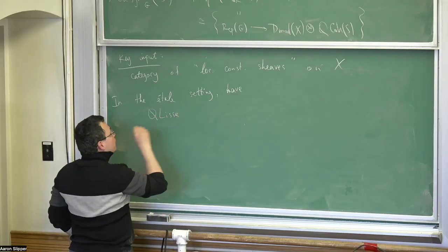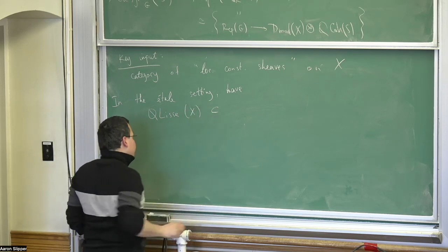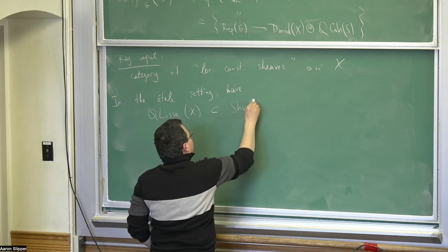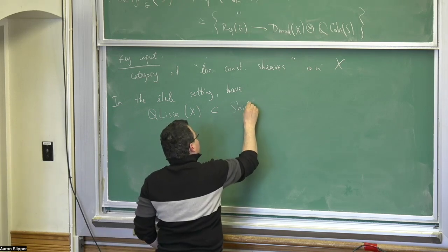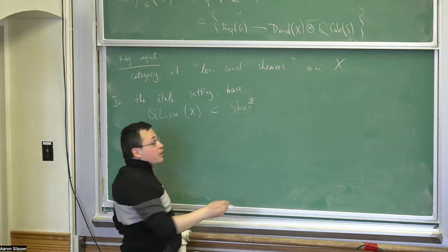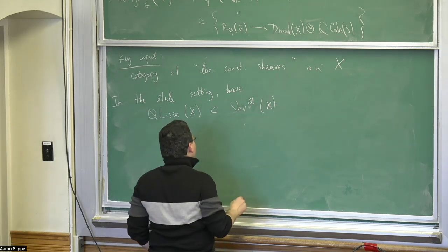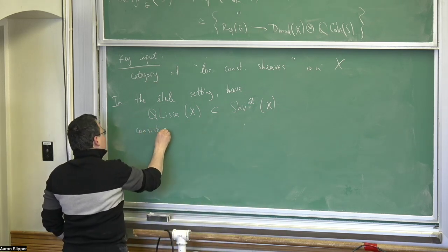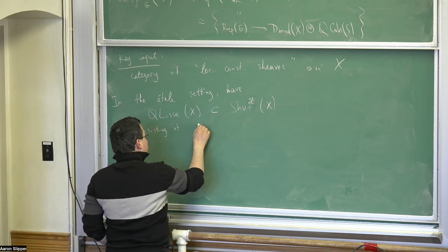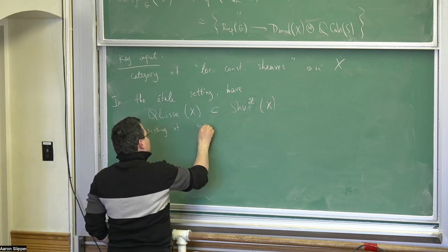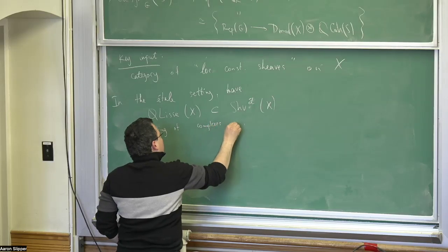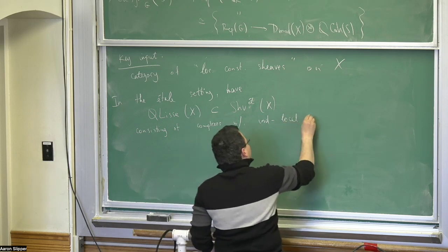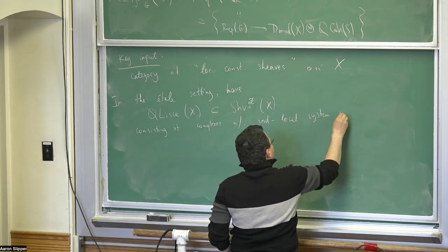We call it quasi-lisse. This is the full subcategory of all étale sheaves, I mean l-adic sheaves on X, consisting of complexes with local system homology sheaves.